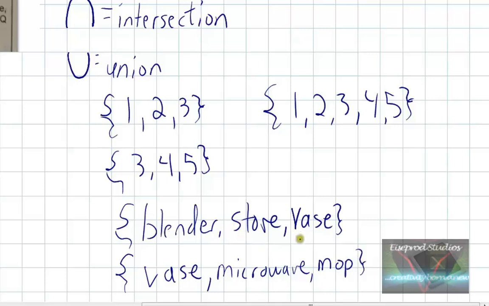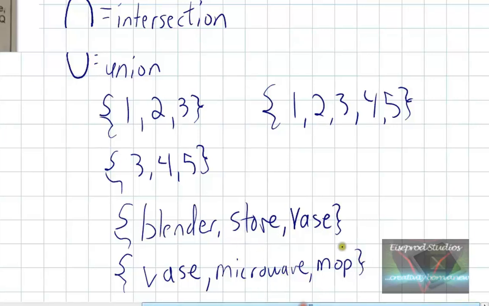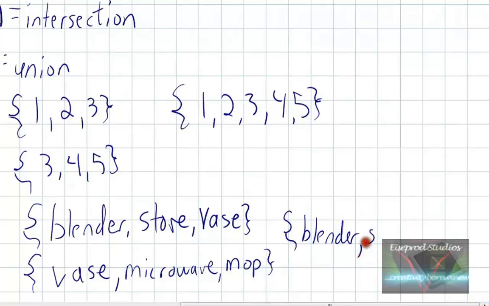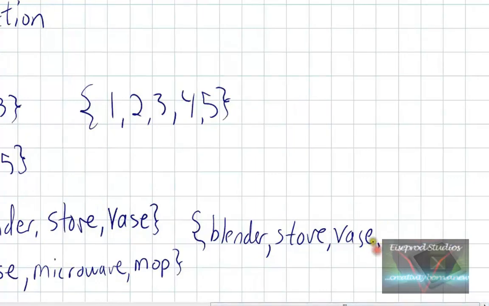Okay, in the union of these two people, they will now have a blender, a stove, a vase. Now technically they have two vases, but let's say you were taking inventory of what they had, you wouldn't need to count the vase twice.